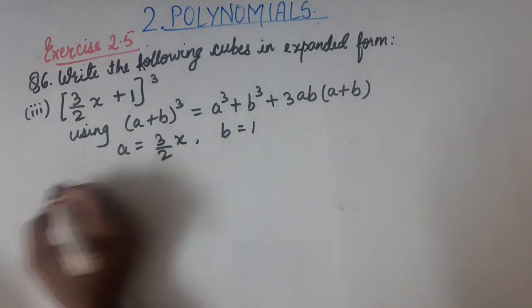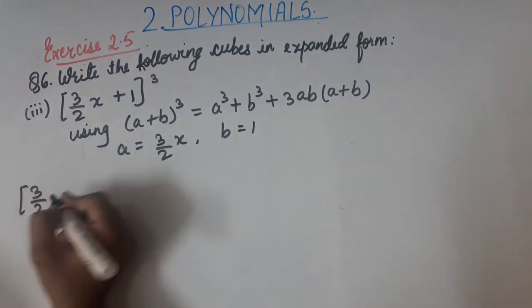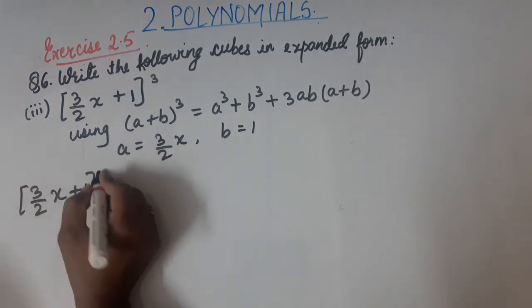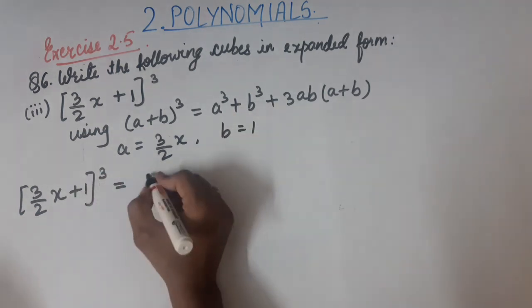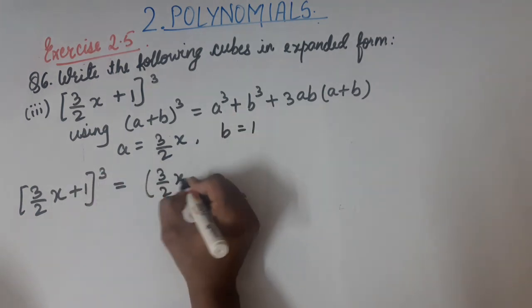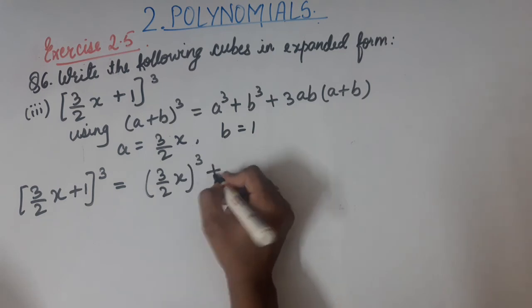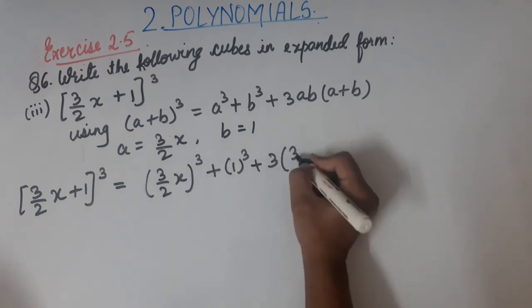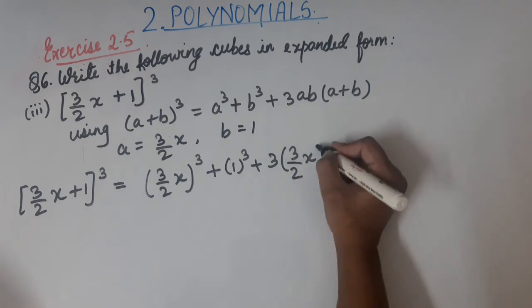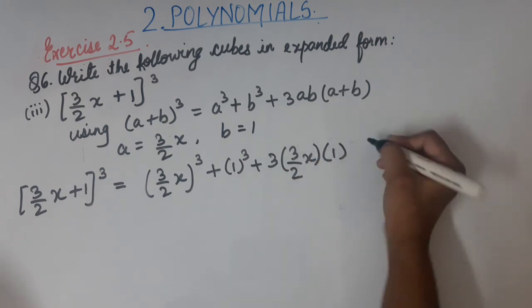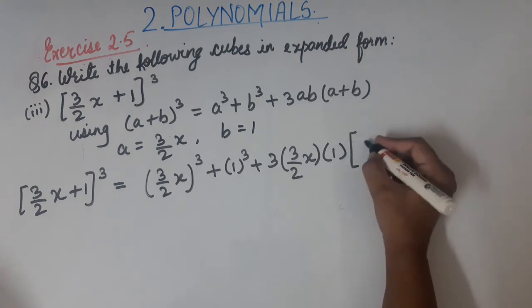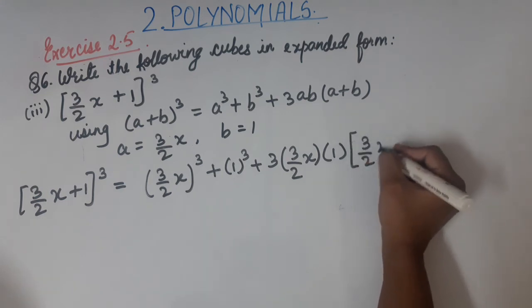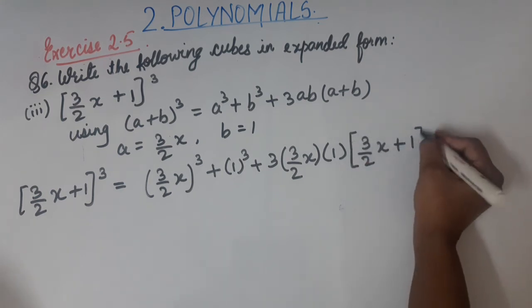Now put the values: (3/2 x + 1) whole cube equals a cube, which is (3/2 x) cube, plus b cube, which is 1 cube, plus 3 into a, which is 3/2 x, and b is 1, in bracket a is 3/2 x plus b is 1.